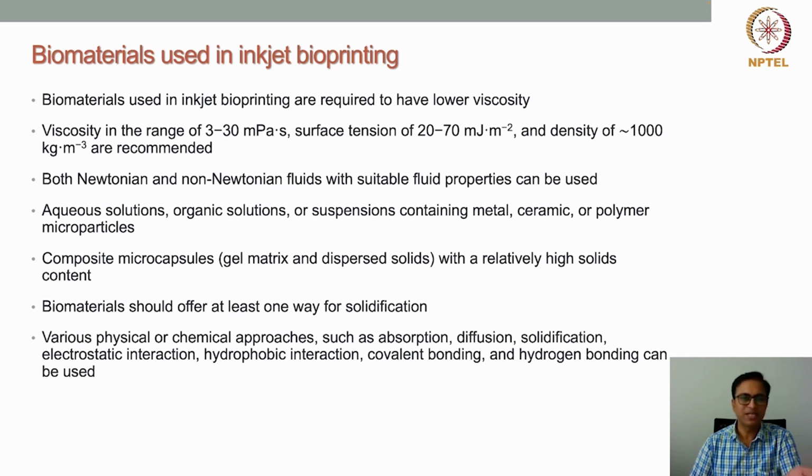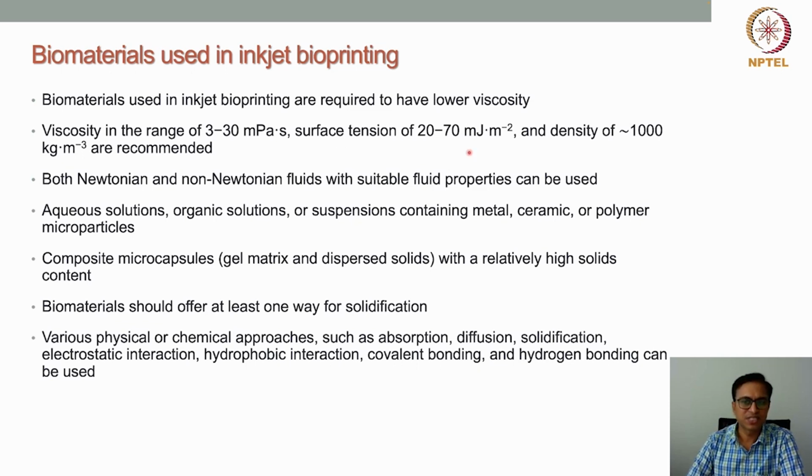Typically the biomaterial solution or formulation has water-like viscosity, or very low viscous materials can be used. As mentioned here, viscosity in the range of 3 to 30 millipascal second is very suitable for inkjet 3D printing technology. So biomaterials of this range are mostly used for this technology.